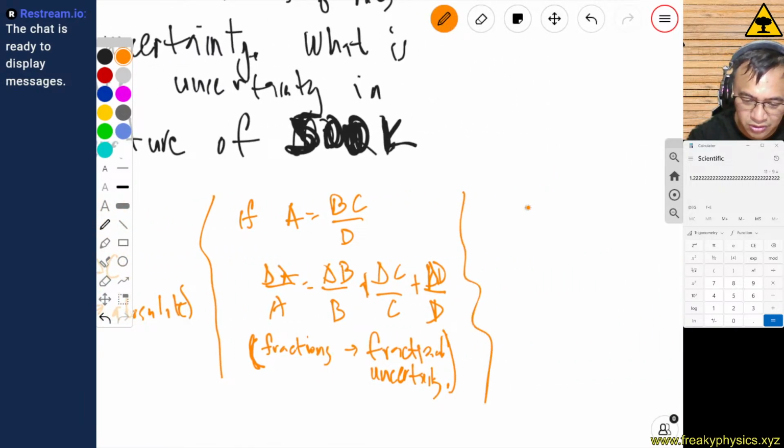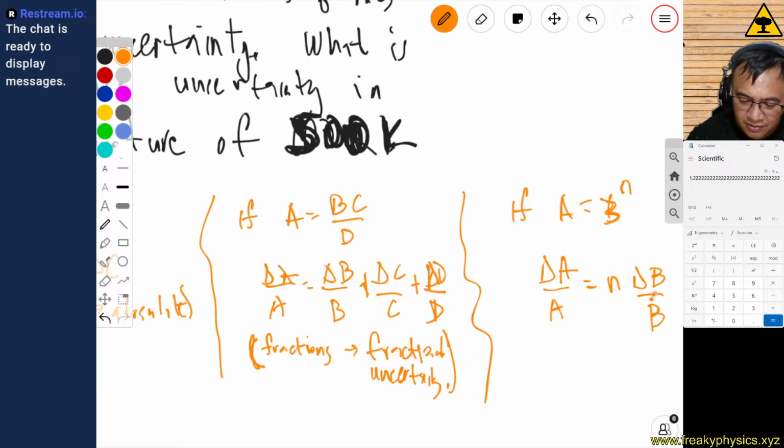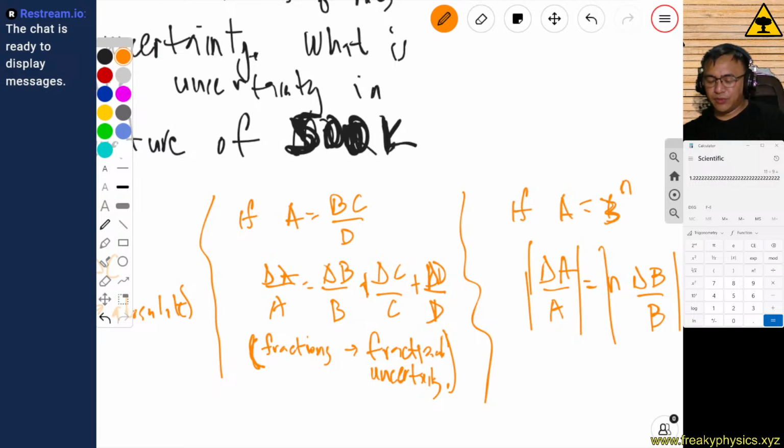In this case, the shortcut is if A equals some value B raised to some exponent n, then delta A over A equals n delta B over B, specifically in absolute value. So you could have a negative exponent, for example, B raised to negative 5. It's still not going to matter. We're still going to use 5 in the whole thing.